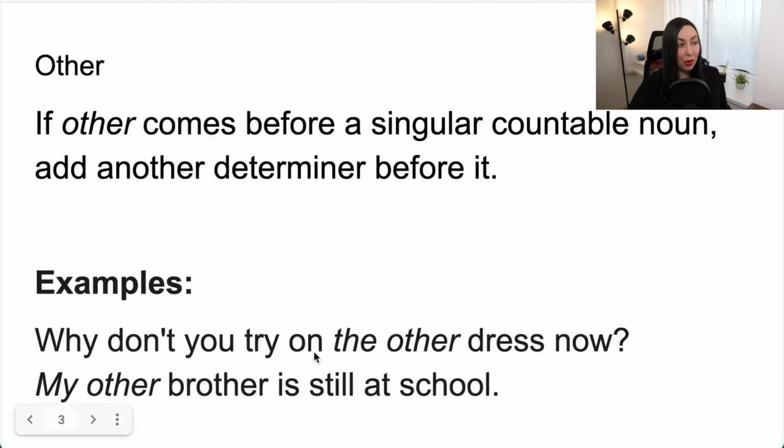Why don't you try on the other dress now? So remember, we can use other as a determiner for the noun, but when it's a singular countable noun, we can put another determiner in front of other. So in this case, the determiner is the other dress.